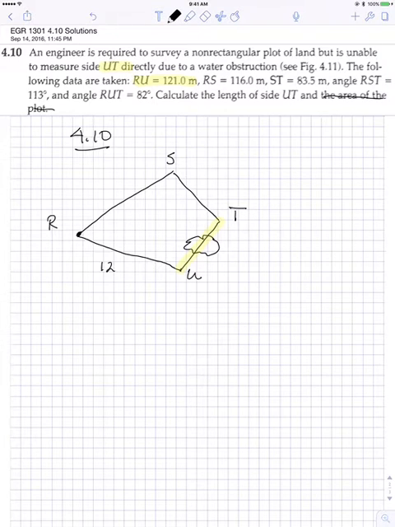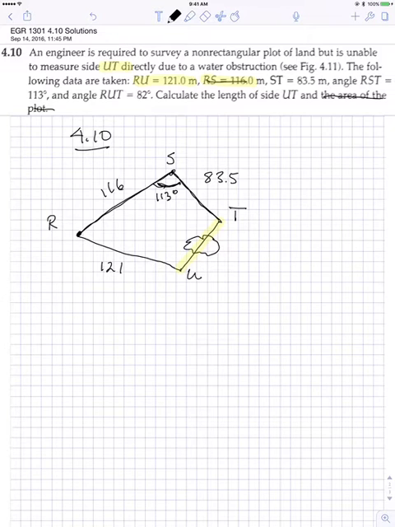So that's 121. And we know RS. That's 116. We know ST is 83.5. And we know the angle RST, so I'm moving from R to S to T. This angle right here is 113 degrees.